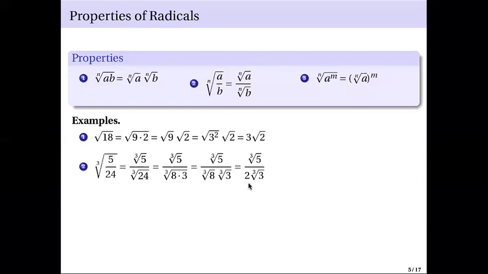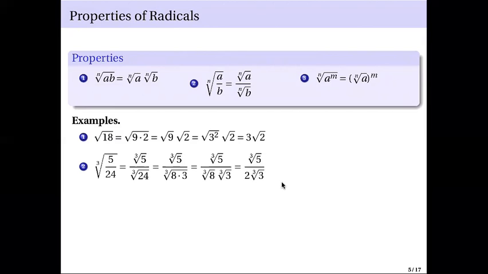So look at this. I said cube root of 5 over 24 can be simplified into cube root of 5 over 2 cube root of 3. This guy here is not the simplified version we want.